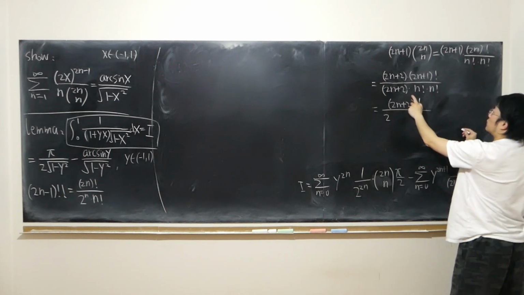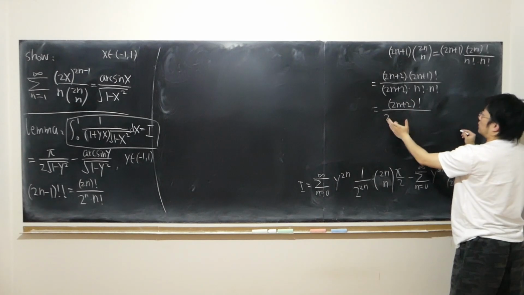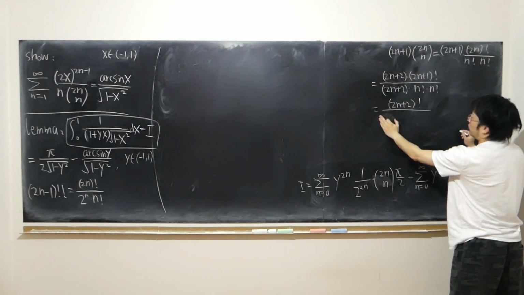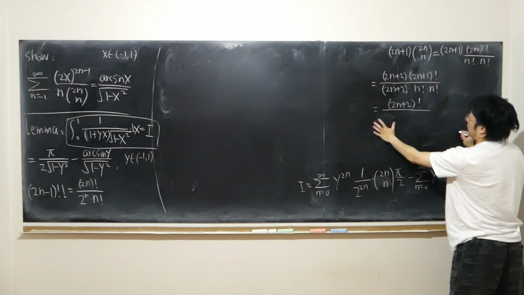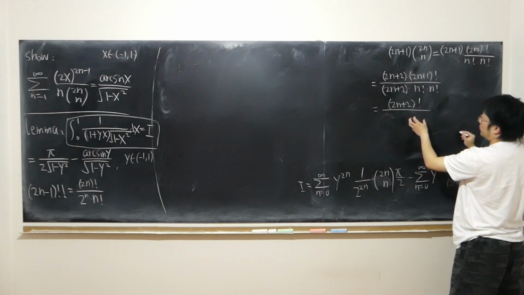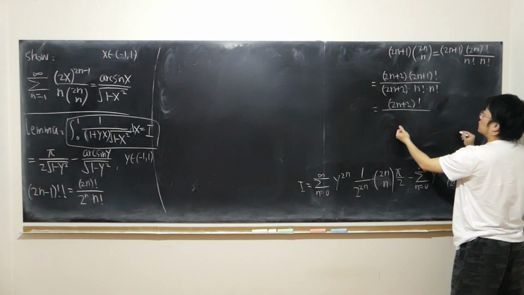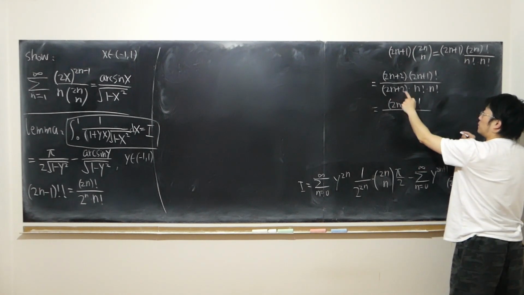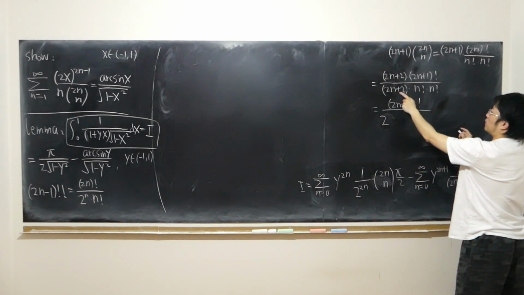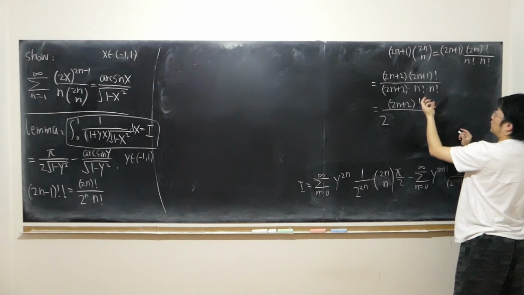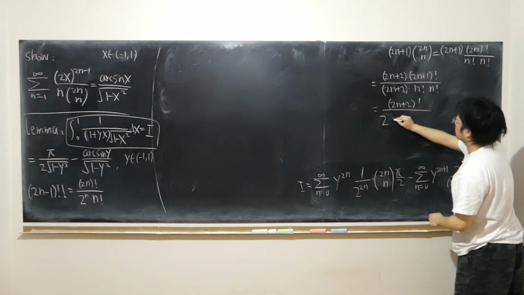So 2n plus 2, I'll just take out, because eventually I want to make up 2n plus 2 choose n plus 1. I want n plus 1 factorial to appear at the bottom. So when I take out 2 from this term, I'm left with n plus 1. Give this n plus 1 to this n factorial. It'll give me n plus 1 factorial.